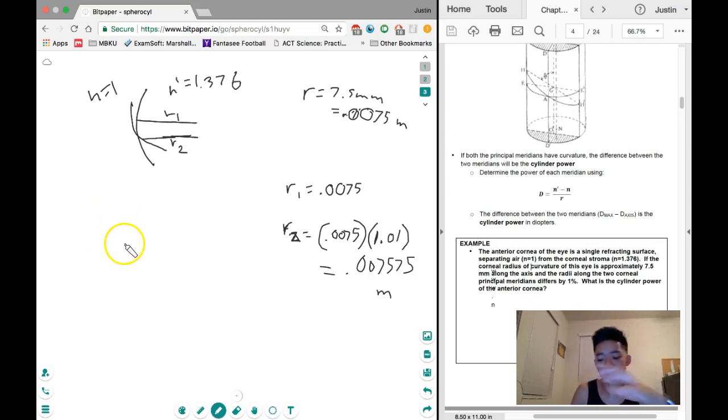This is one kind of sphere, well, not sphere, but spherocylinder kind of thing. So you want to figure out the power in each meridian. And this is not a front surface, back surface thing.